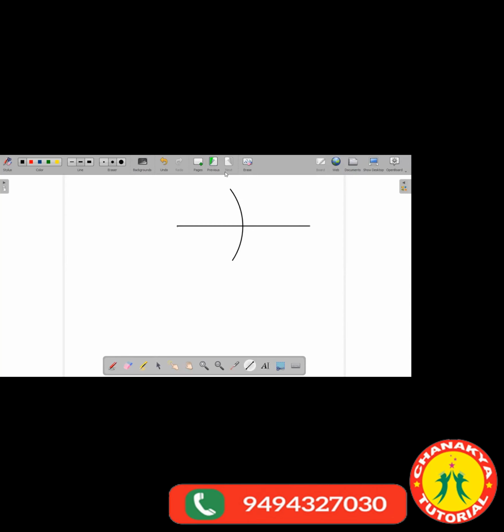Let me draw it as concave only. Just 1 minute. Now I draw it like this.